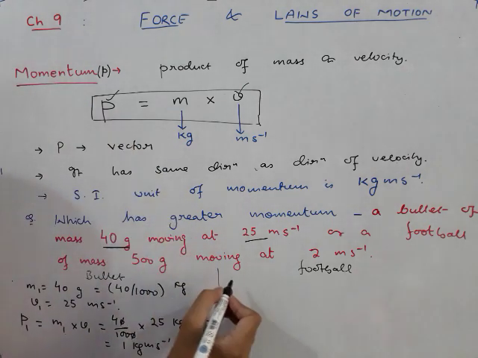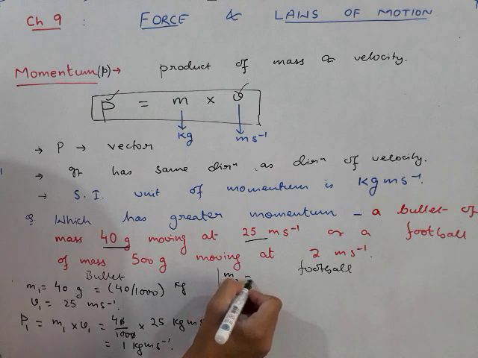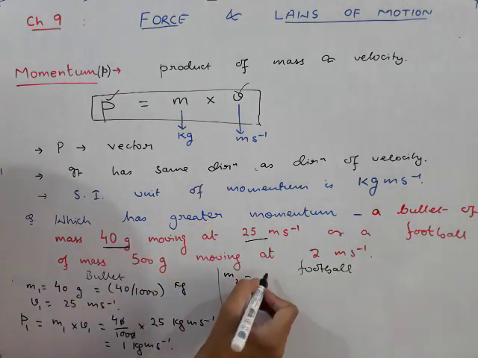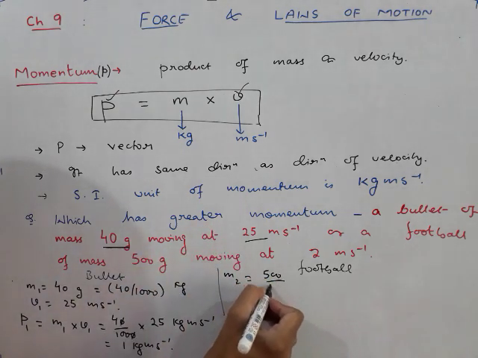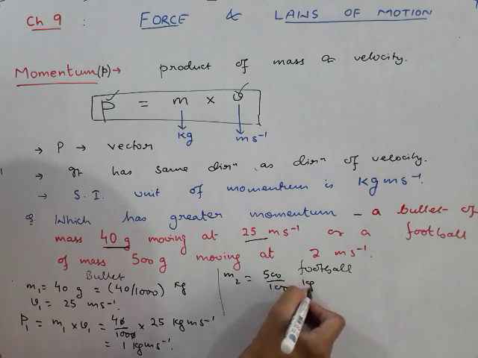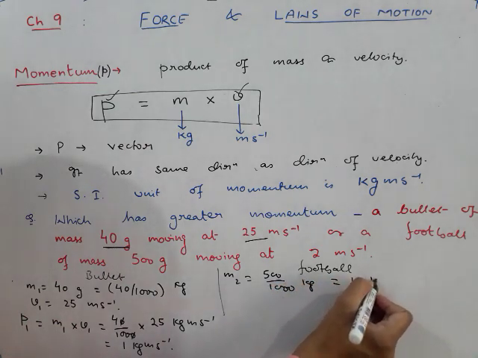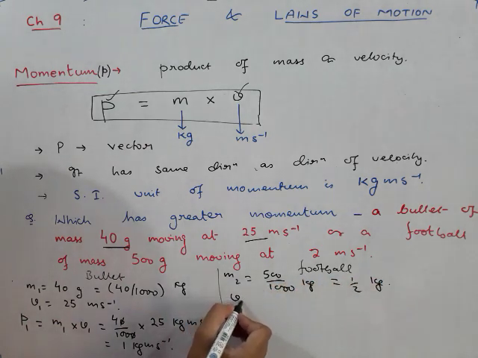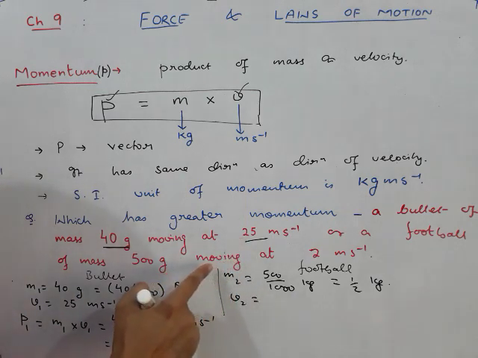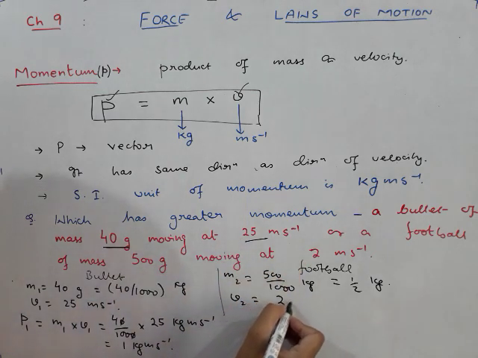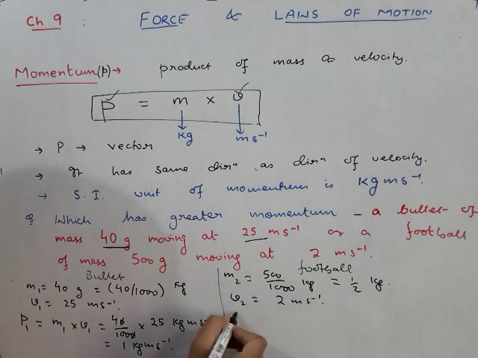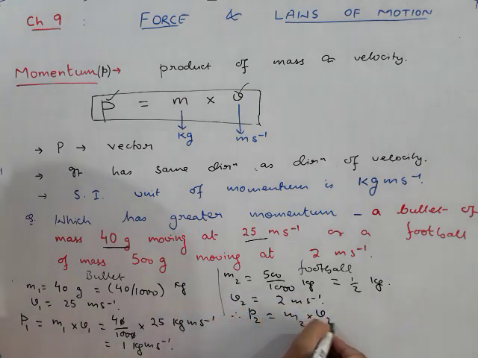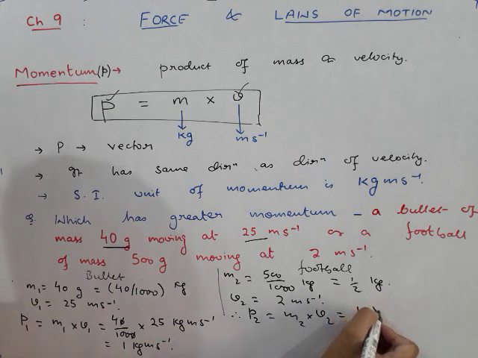Likewise for football, what is the mass? Mass of the football is 500 gram, that means 500 by 1000 kilogram, that is half kilogram. And its speed v2 will take as how much? 2 meters per second. Therefore, its momentum p2 is the product of m2 and v2. So this becomes half kg into 2 meters per second.